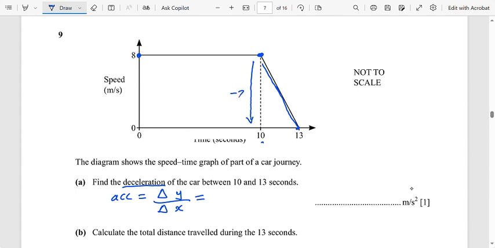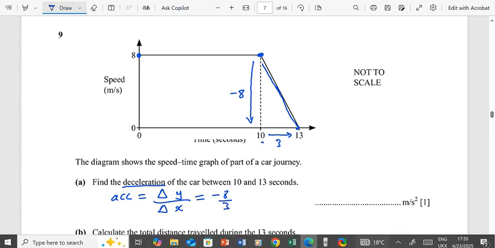So that change is negative 8. If y changed going up, then it would be positive. But x changed from 10 to 13, so x changed by 3 units. So change in y over change in x there would be minus 8 over 3.